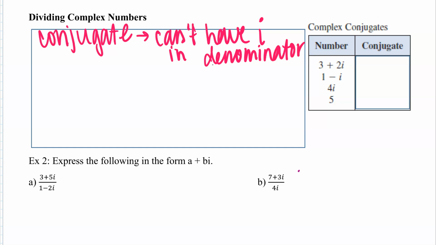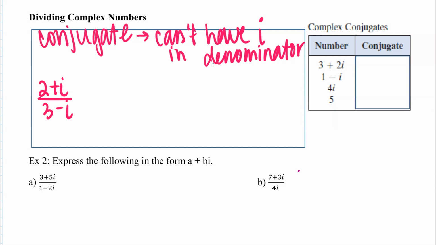Okay, so the example I want to use is 2 plus i over 3 minus i. And so we have this i in the bottom, and that can't happen.